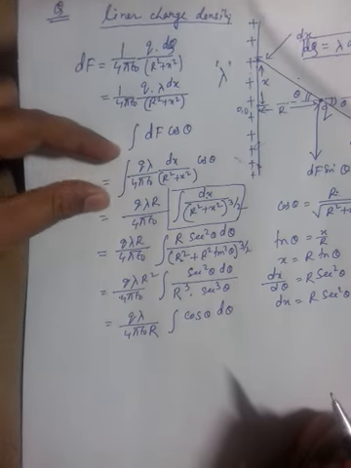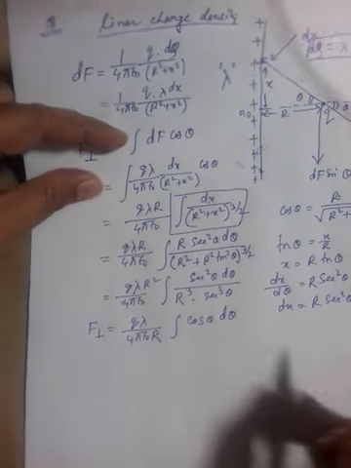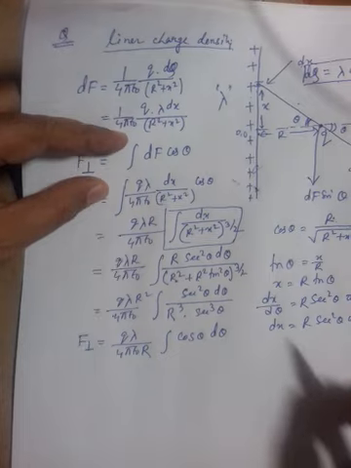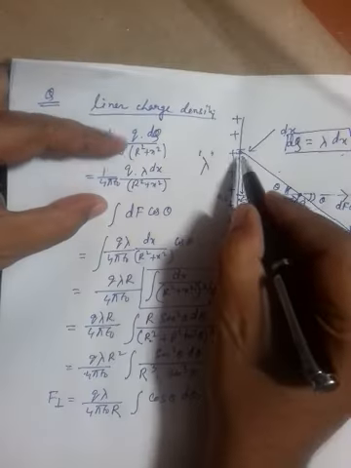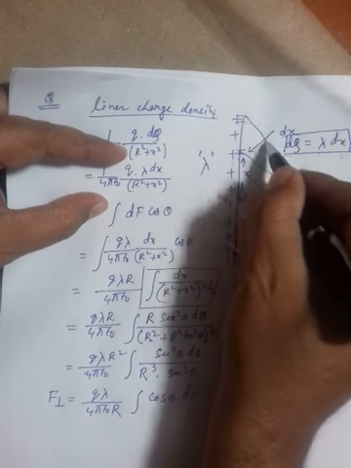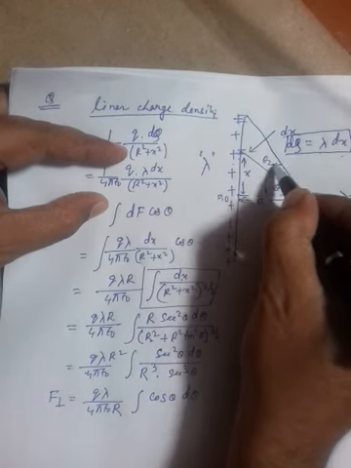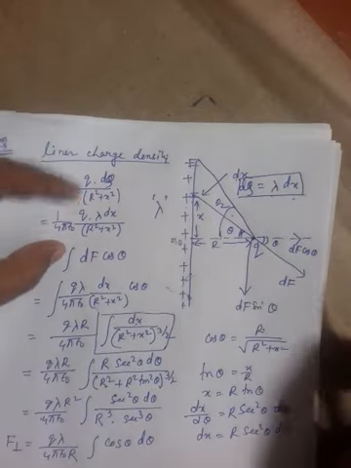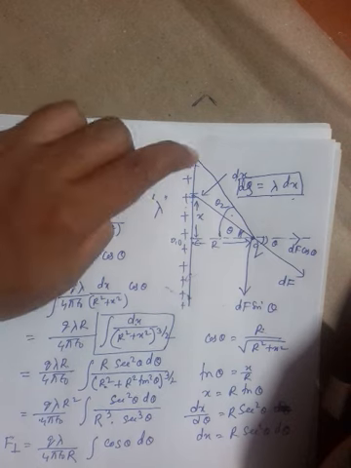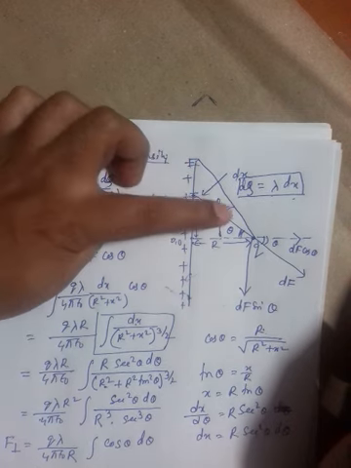So ultimately the whole integration comes in the form of cos θ dθ, where θ is this angle. Now how can we integrate this portion? If you go on increasing the height of the dx portion to the top of the thin rod, the angle becomes θ₂.